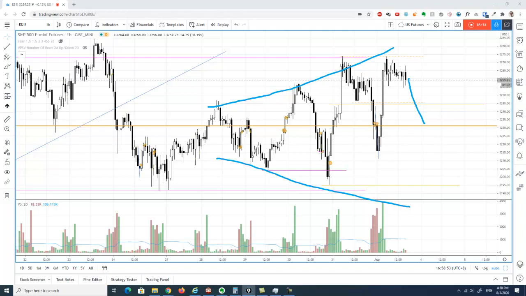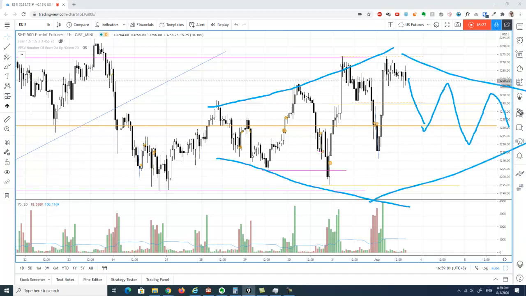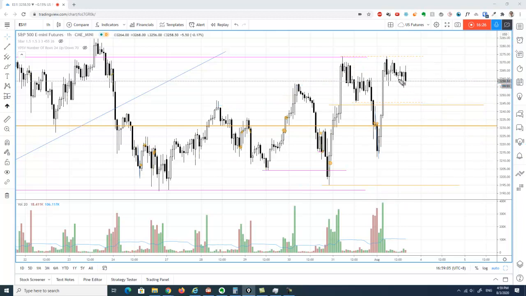Depending on how it resolves itself, it could be via a diamond formation, something like that, and then eventually break out, or it could just simply consolidate a little bit here, followed by a break to the upside to test the targets at higher levels at 3310, or eventually the all-time high level near 3400.